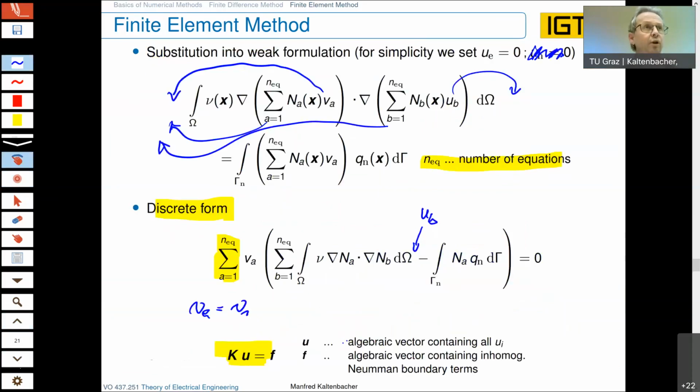This you substitute, you rearrange, and then you see, very nice, we get rid of the coefficients of the test function because we are not interested in them, and we get a number of equations for all the unknowns U at all the nodes. And that we can solve, and we have our solution.